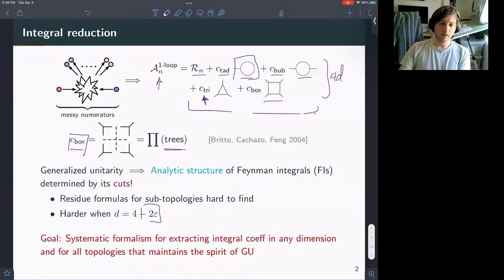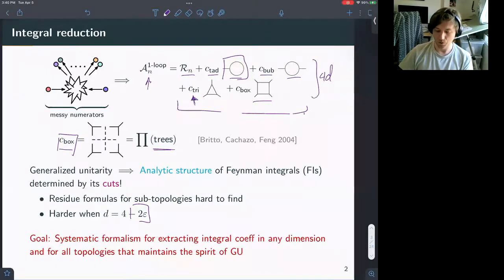The goal is to find a systematic formalism for extracting these integral coefficients in any dimension and for all topologies in a way that maintains this spirit of generalized unitarity, where cuts and these residues of cuts are playing an important role.